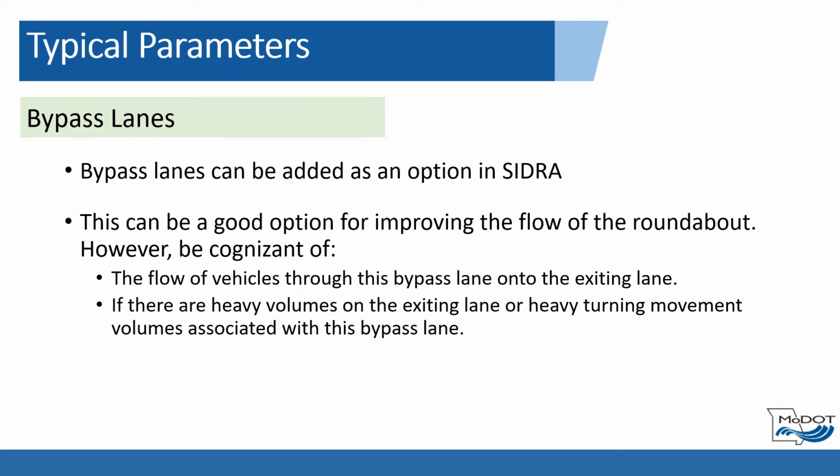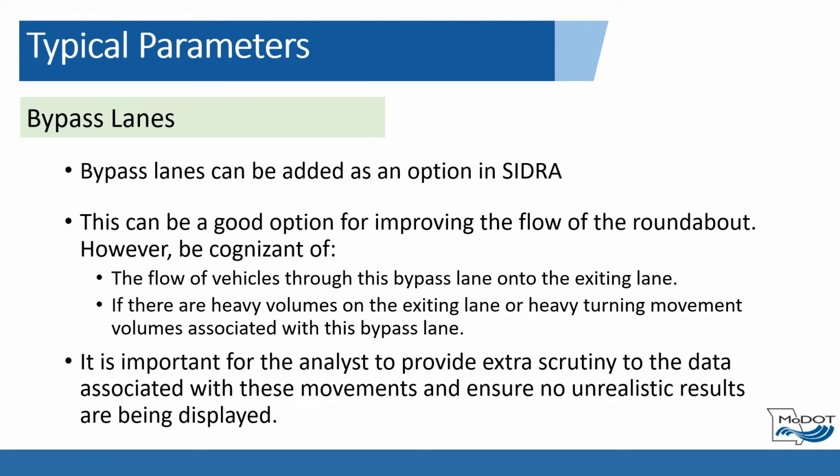If there are any heavy volumes on the existing lane or heavy turning movement volumes associated with this bypass lane, then there could be an underrepresented issue with congestion. It is important for the analyst to provide extra scrutiny to the data associated with these movements and ensure no unrealistic results are being displayed.